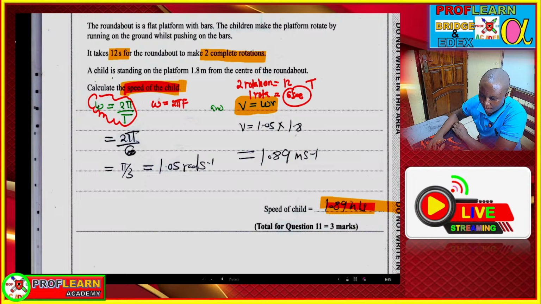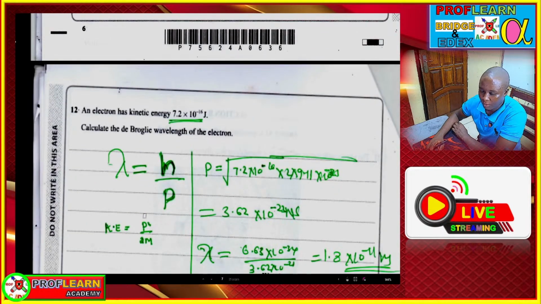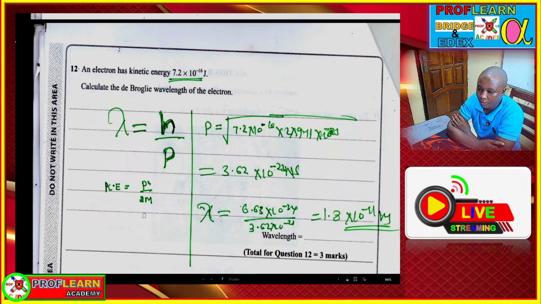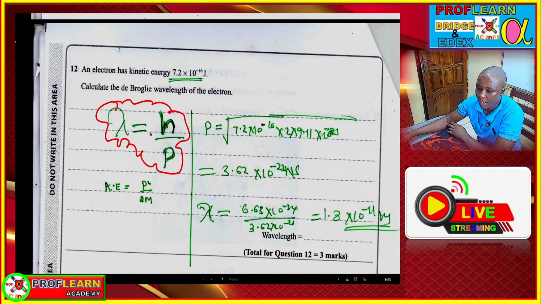And next question is the question to do with an electron that has that particular kinetic energy. So something that you need to remember is that in order to calculate the de Broglie wavelength, the de Broglie wavelength is given by Planck's constant over momentum.